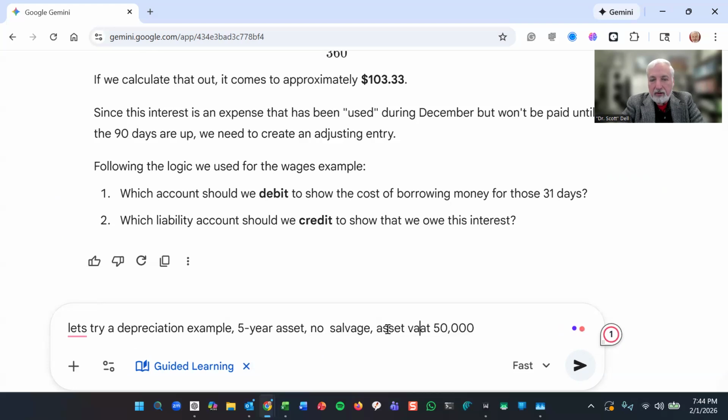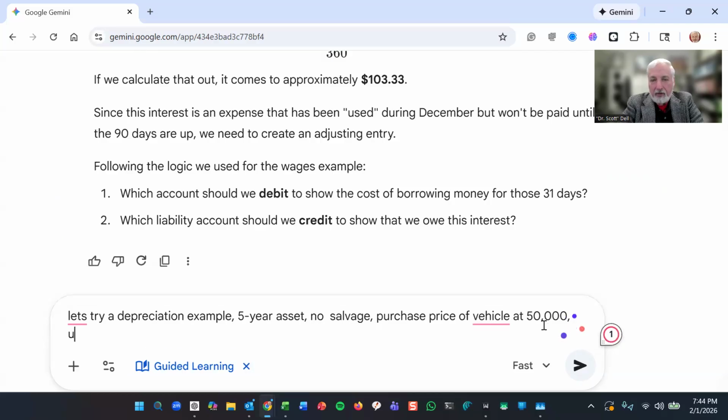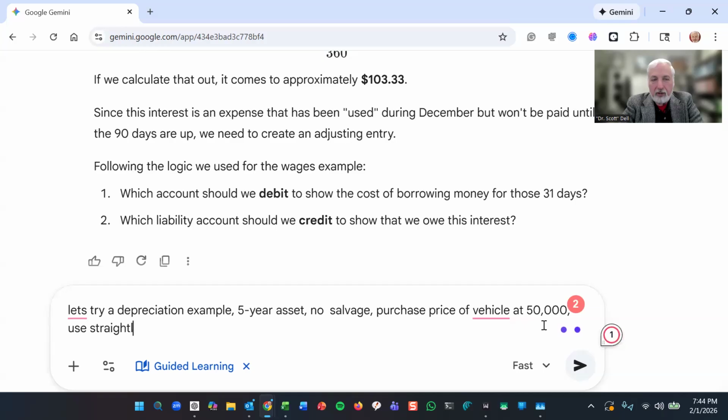And let's go ahead and use straight line depreciation. We'll get into accelerated methods later, but right now, straight line depreciation.